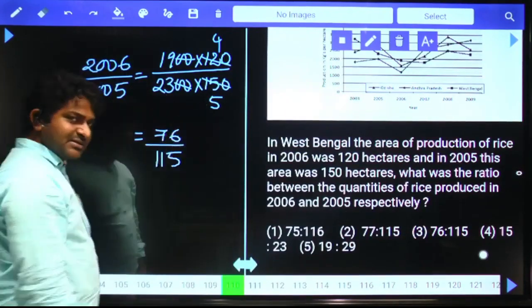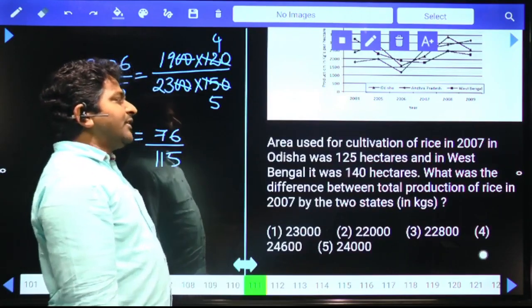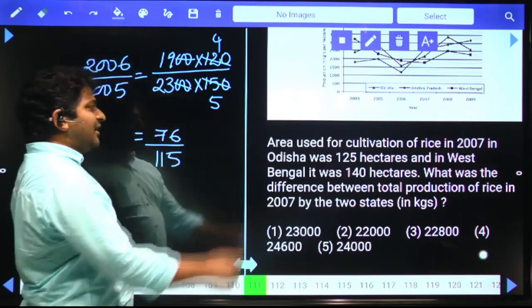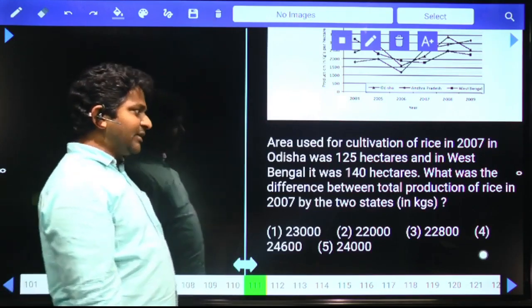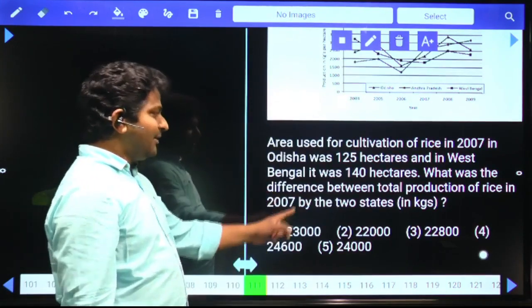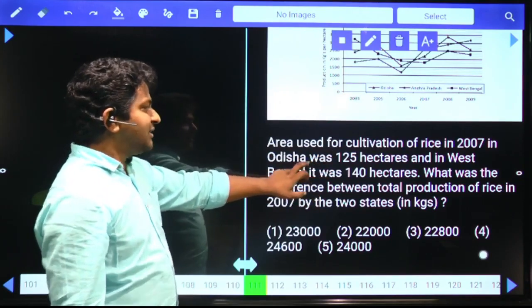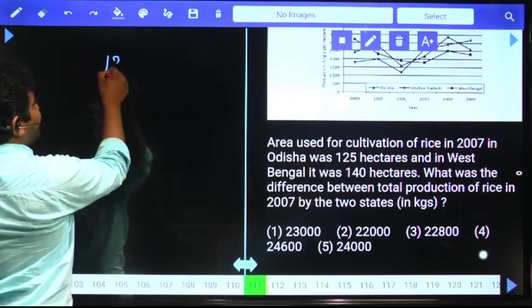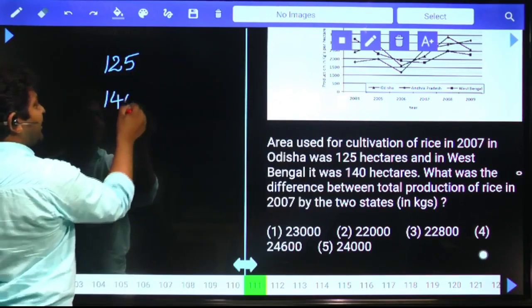You don't have to calculate this. Next. Area used for cultivation of rice in 2007 in Odisha was 125 hectares and in West Bengal it was 140 hectares. What was the difference between total production of rice in 2007 by the 2 states? West Bengal and then Odisha. Odisha we have 125 hectares and West Bengal we have 140 hectares.